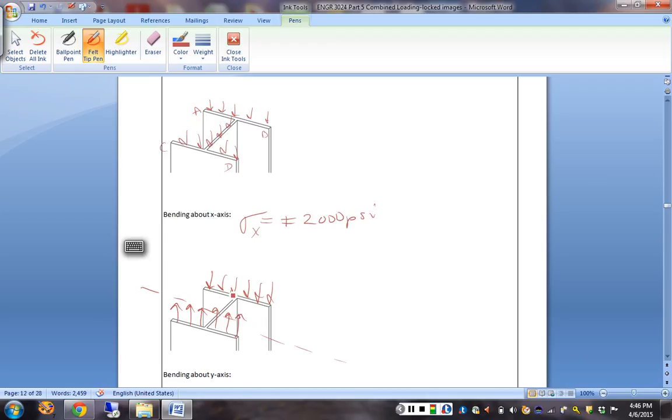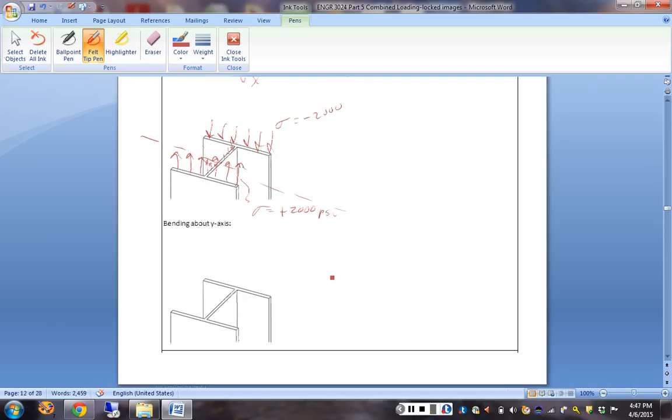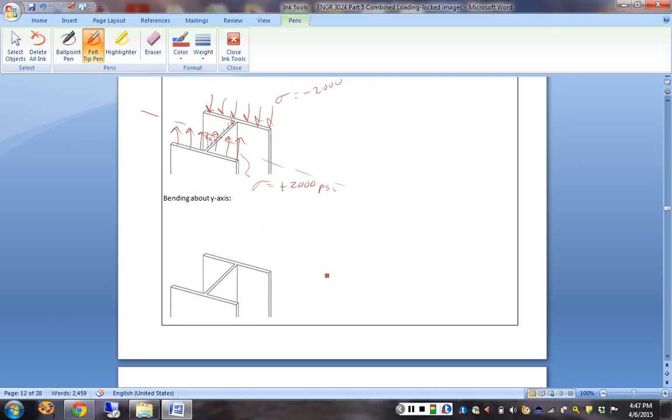And how does it vary in here? It gets smaller. How much is it? The neutral axis is 0. And then a little bigger, a little bigger, a little bigger. Okay, that's kind of a bad drawing, but here you have minus 2,000, and over here you have plus 2,000. All right. Now for my bending about y, my value is plus or minus 4854.